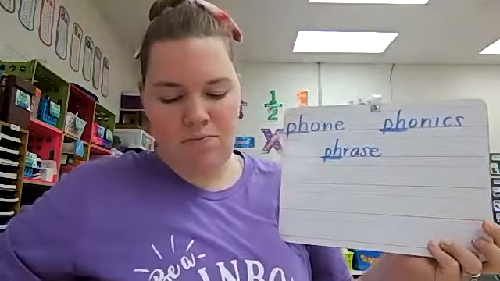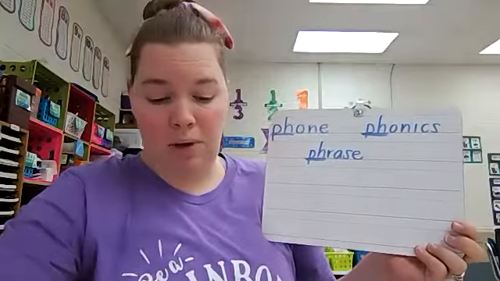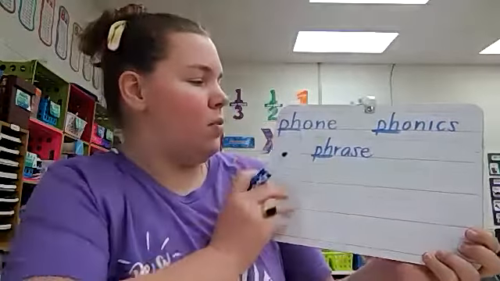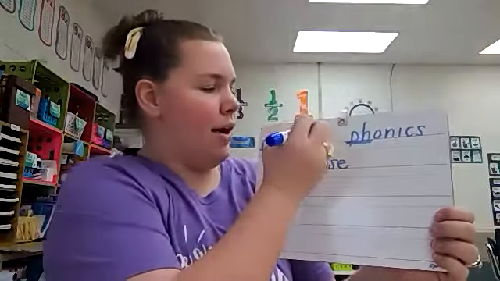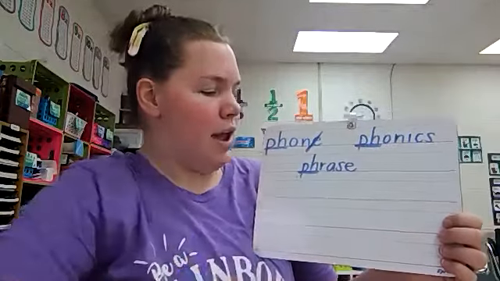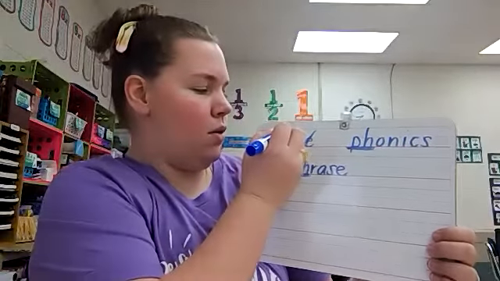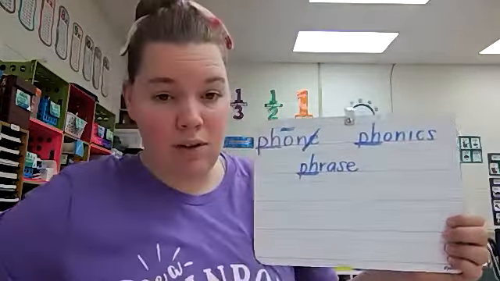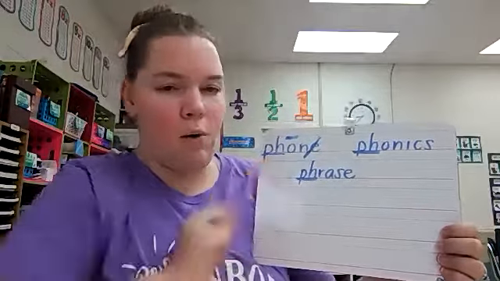So let's go back and look at each word and see if there's any other coding that needs to happen. So let's look at this one. We have silent E at the end. So that means the O is going to be long. It's going to say its name. So we put a macron above. This is phone.